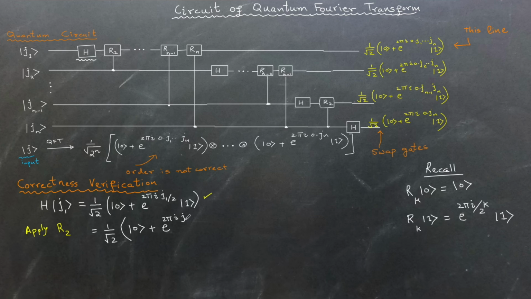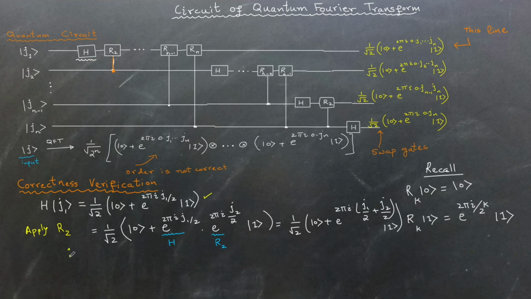Since the R2 gate is controlled by J2, the phase is applied only if J2 equals 1. To incorporate this condition, J2 is included in the exponent of the phase factor. We continue this process applying Rk gates sequentially, with each controlled by the corresponding qubit Jk. The final gate in this sequence is Rn, controlled by Jn.